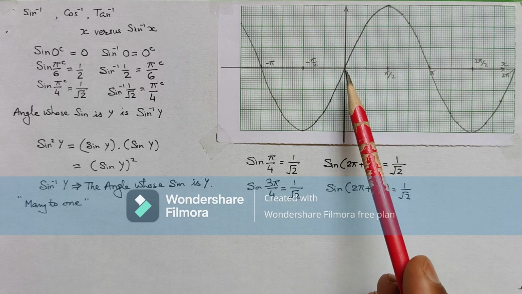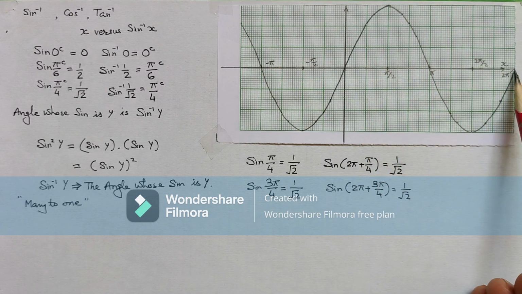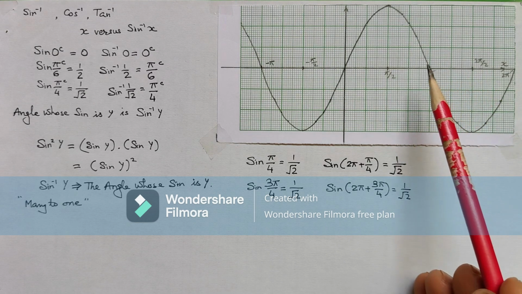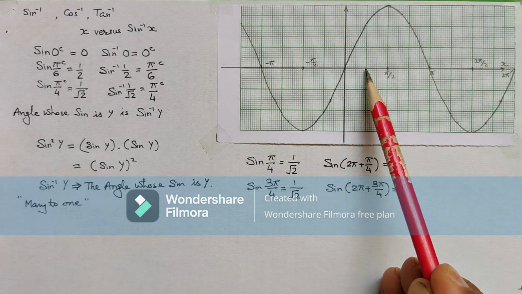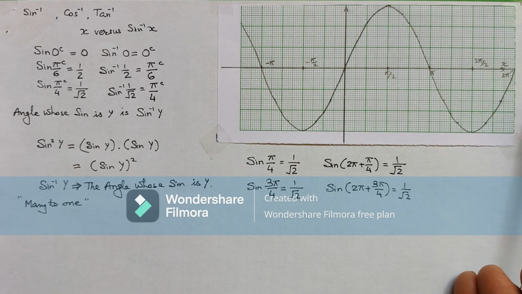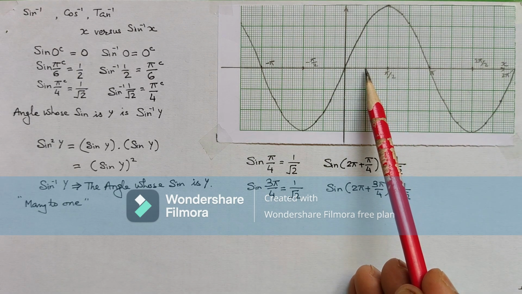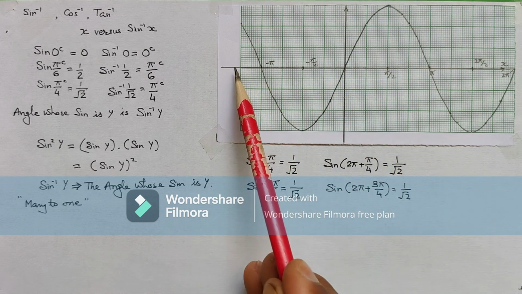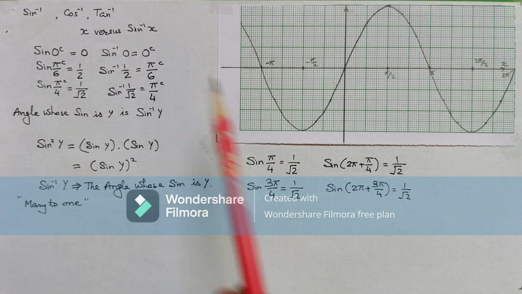This angle is not shown on this graph. This graph ends here at 2 pi, but after this, the same curve repeats on again and again. So sine pi by 4 and you add another 2 pi to this, it will go beyond this, or you subtract from pi by 4, you subtract 2 pi, you will reach somewhere beyond this side.